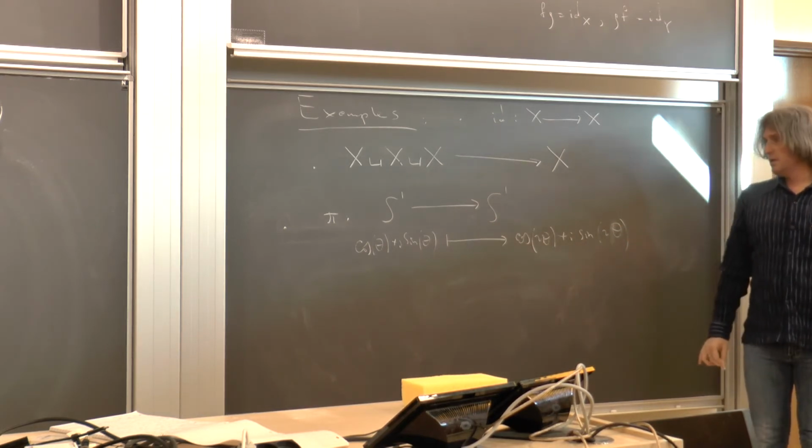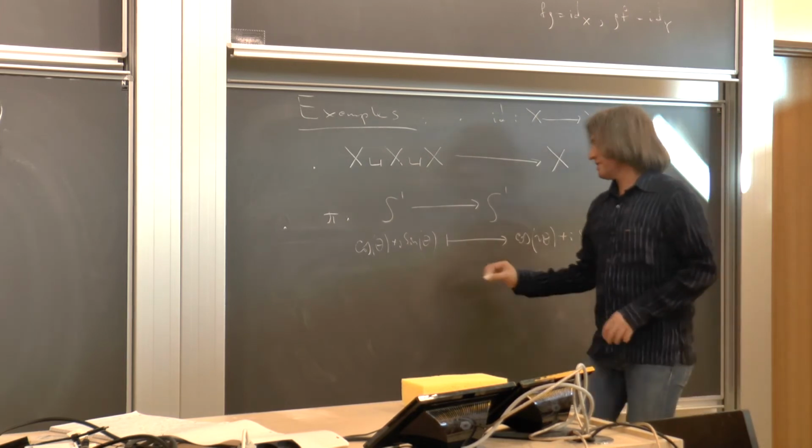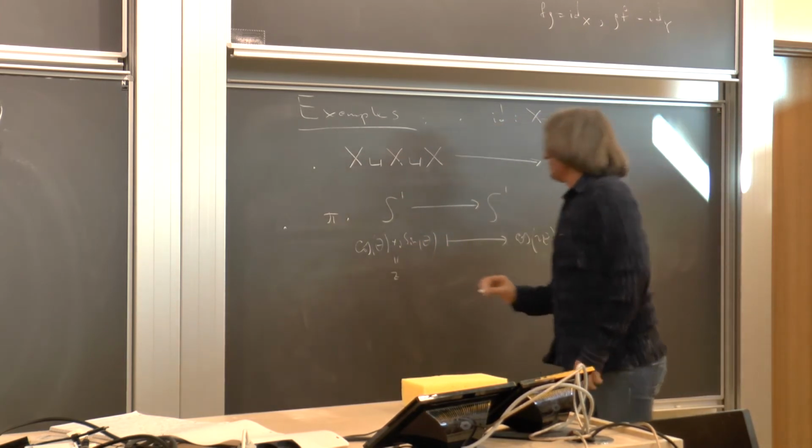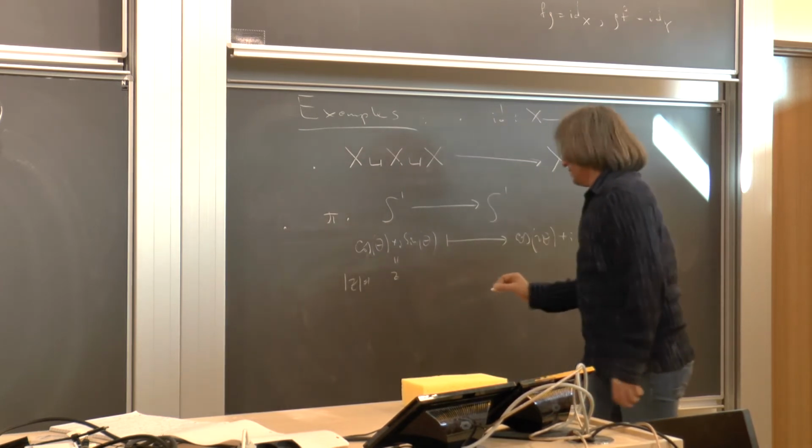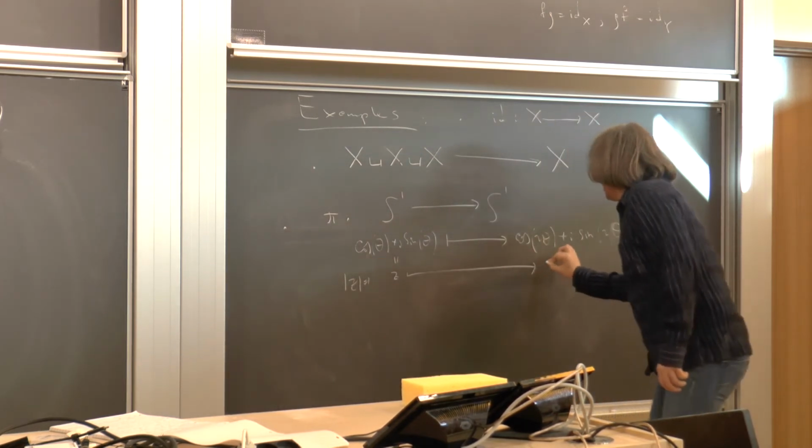In other words, if you think about this as a complex number with absolute value of z equal to 1, z goes to z squared.